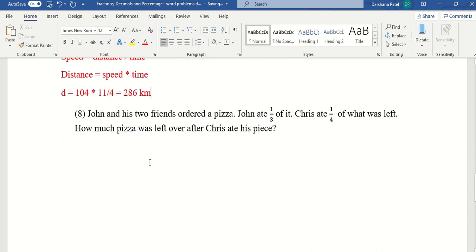John and his friends ordered a pizza. John ate a third of it. Chris ate a quarter of what was left. How much pizza was left over after Chris ate his piece? So from one whole pizza, John ate a third of it.